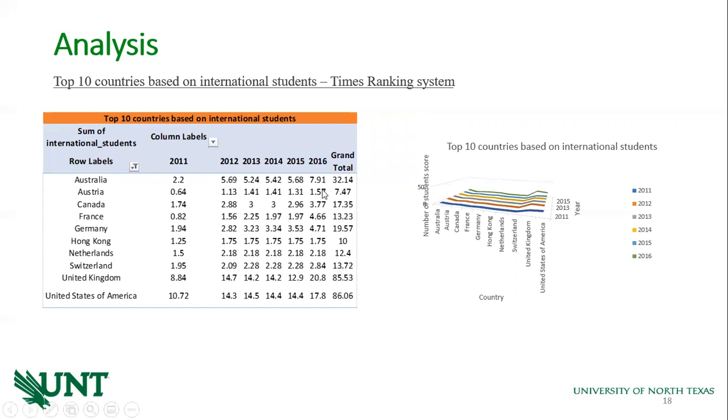And the next best is Australia, but there is a huge gap: the value for Australia is 7.91. So there is a huge difference between the United Kingdom, which is ranked second, and Australia, which is ranked third.